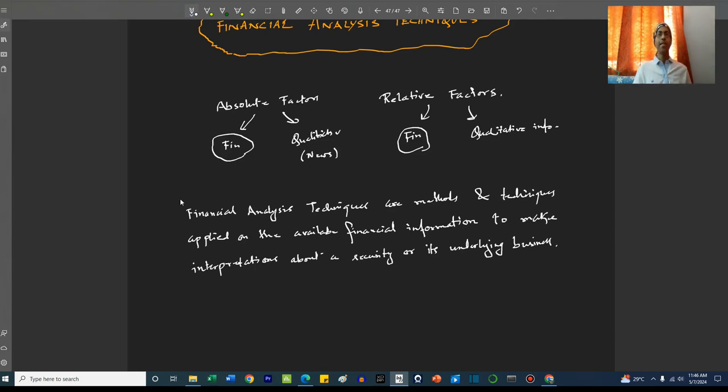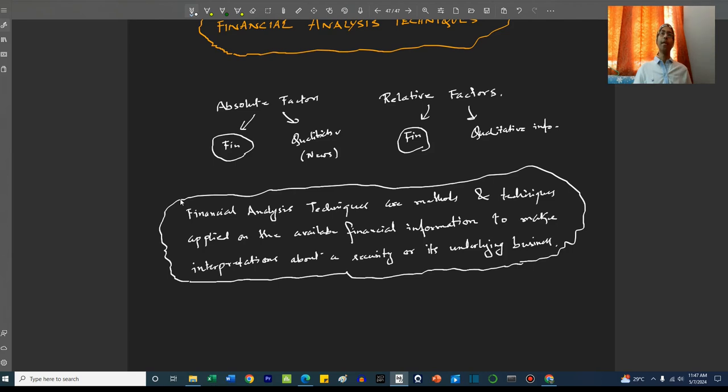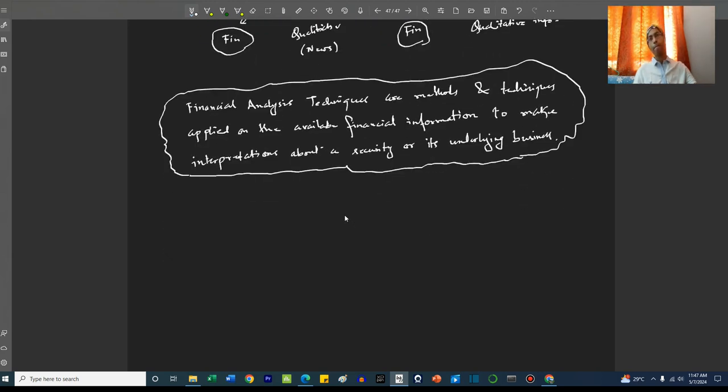And the financial information obviously pertains to the underlying business only. It's the financial statements, basically the cash flow, the balance sheet, the profit and loss, etc. Now we were talking about absolute factors and relative factors. Let's take some examples of absolute analysis and relative analysis now.